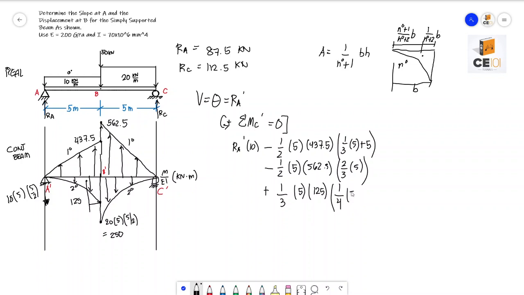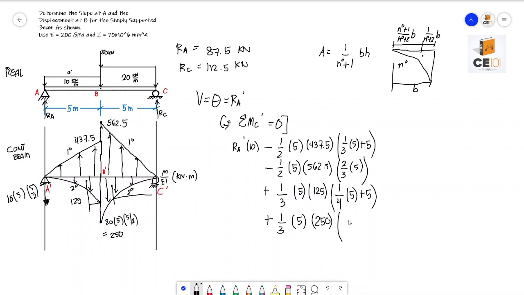Ano ba yung base niya? 5 plus 5. Tapos ito naman susunod na 2 degree curve natin. So plus 1/3, yung base niya 5, so kanyang magnitude na mataas, 250, and yung moment arm niya papuntang C. So ano yung moment arm na yan?